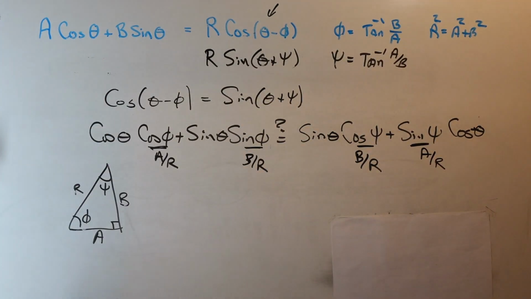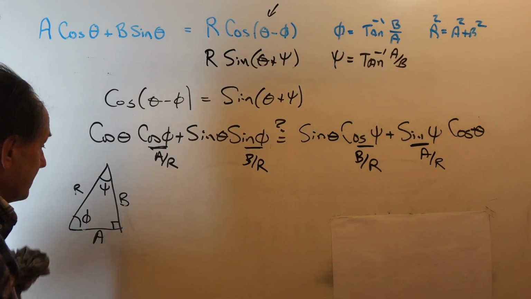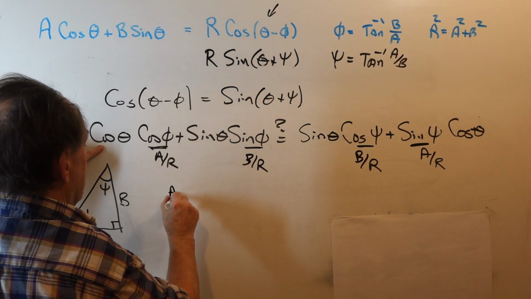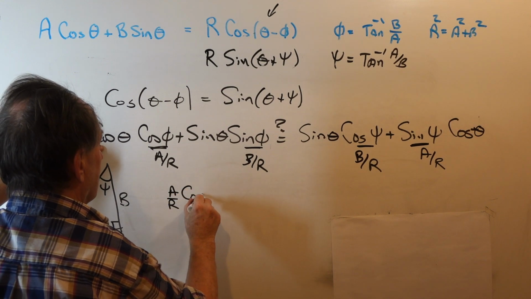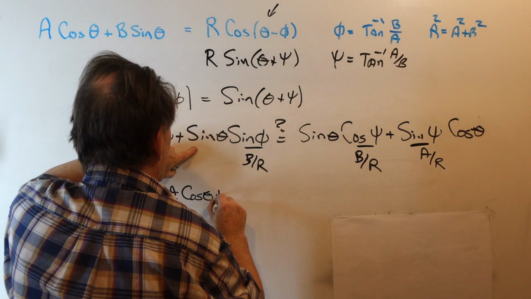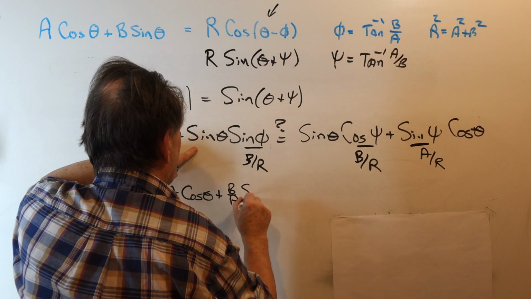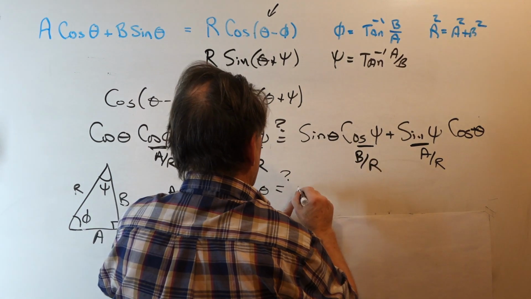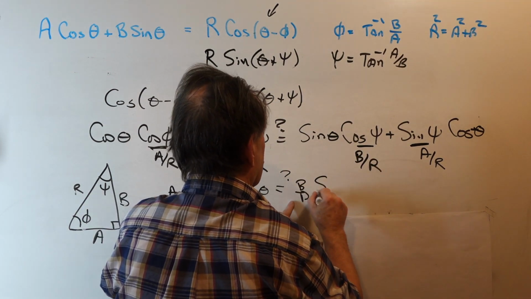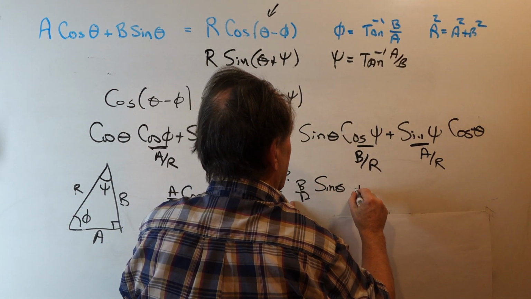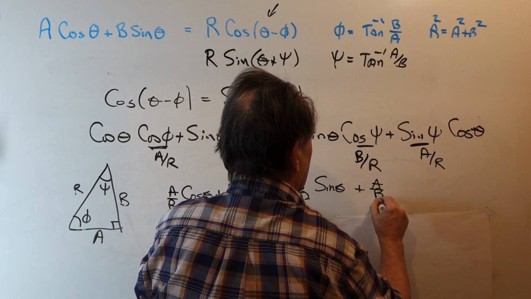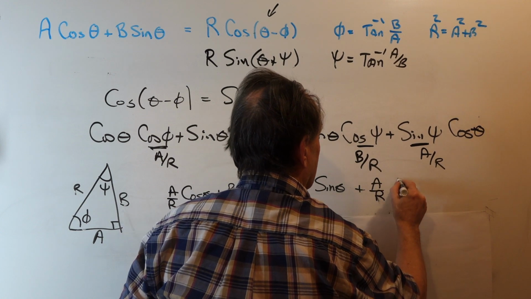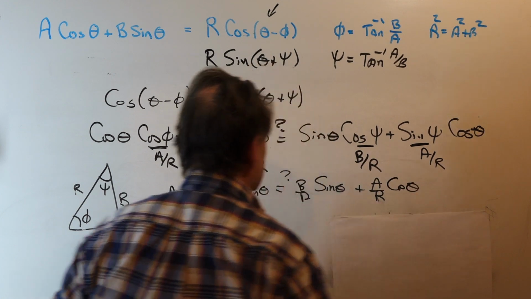Okay, we'll put those into our expression here, and we can see that this is A over R cosine theta plus B over R sine theta. And is that equal to B over R times the sine of theta plus A over R times the cosine of theta? Let's compare.